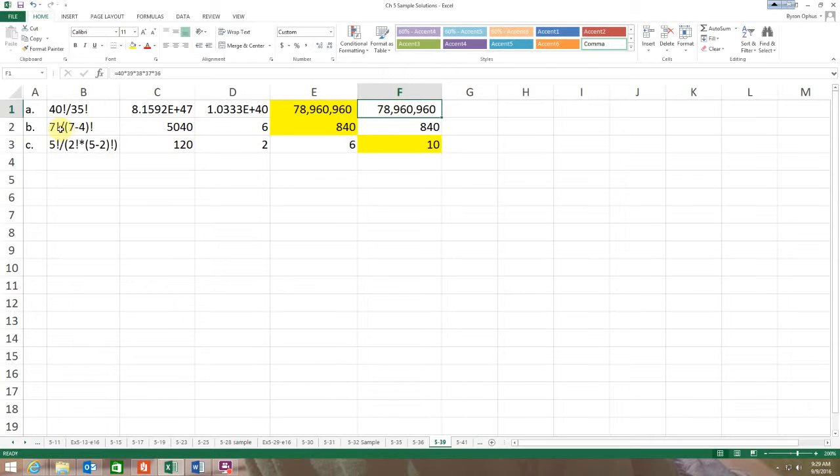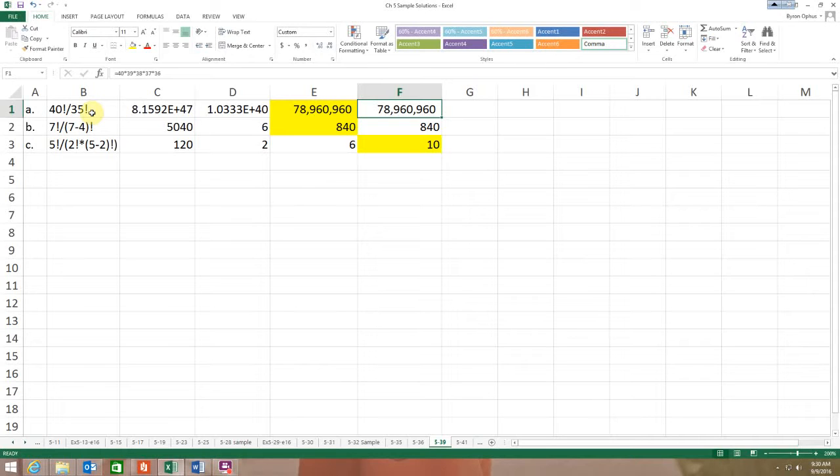There's another way that you can do that, and that is when you have numbers like this, 40 factorial divided by 35 factorial, you can cross off, using basic algebra in both equations, everything to the right of 35 factorial, if that makes sense. So if you wrote it out, everything to the right of 35 factorial would be crossed out both on the top and on the bottom.